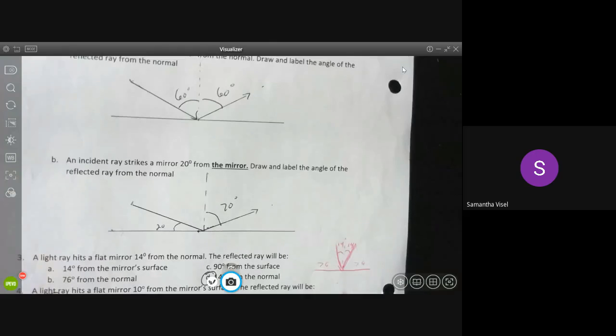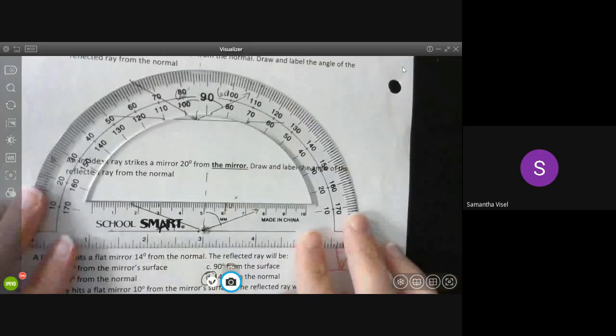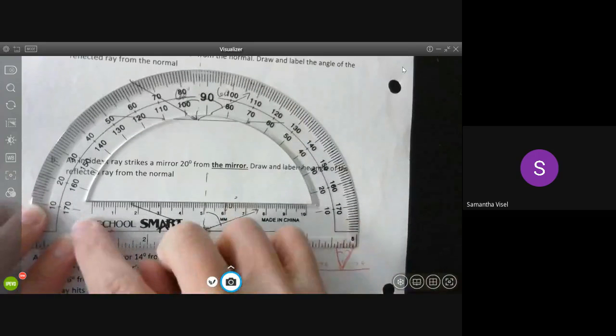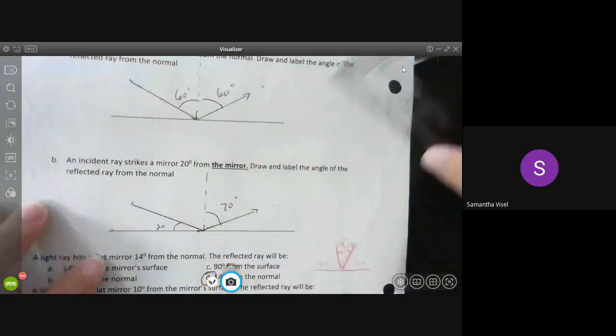Okay, B was a trickier one. So here the incident ray strikes 20 degrees from the mirror. So the angle from here to here that I'm measuring and finding is 20 degrees from the mirror to this ray.